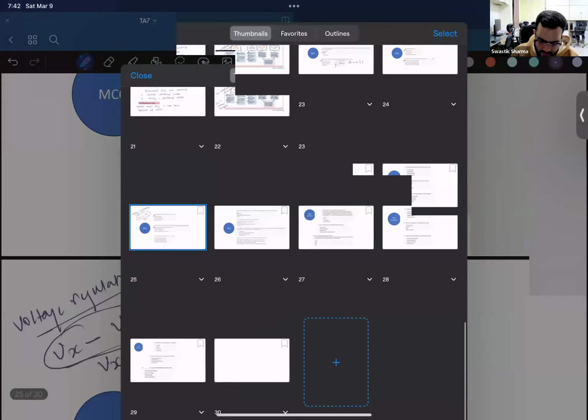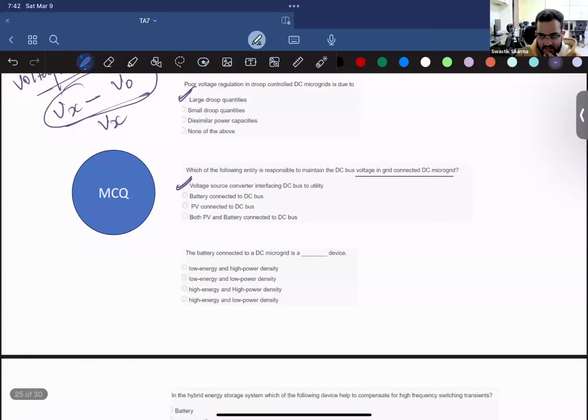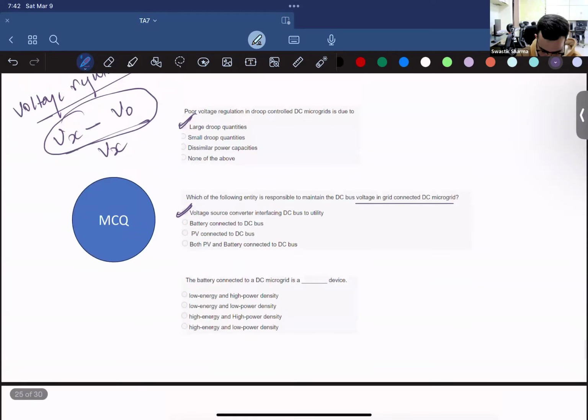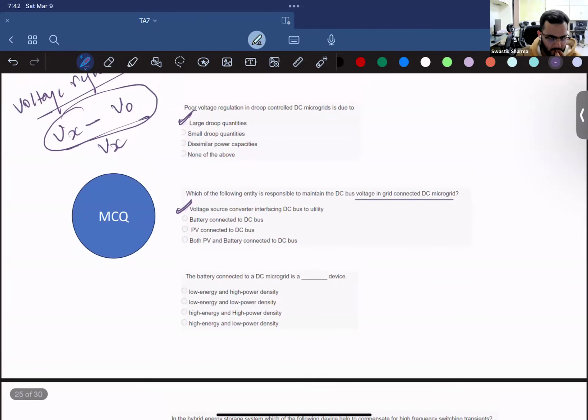Last, the battery connected to a DC microgrid is a dash device. This I guess we all know. See, is it a high power density device? Can it supply power very quickly?